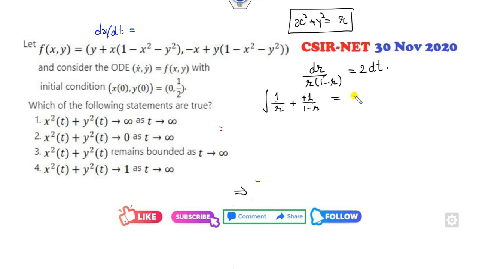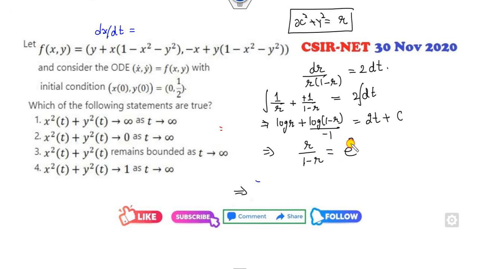So it is my 2 times dt. So what is that? It's a log of r plus log of 1 minus r divided by its derivative, equals 2 times t plus constant. So I can say r over 1 minus r is, log, I can write here.